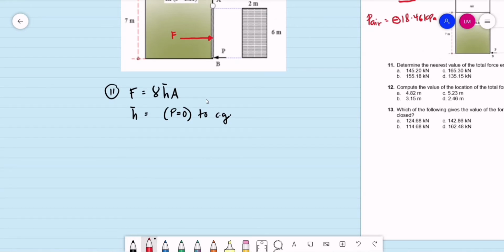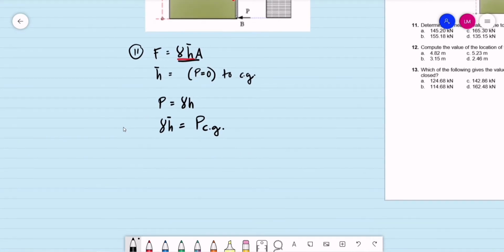Ano ba yung ibig sabihin ng gamma bar H? Basically, how do we compute for pressure? So, ang pressure is gamma H. So, ang ibig sabihin lang ng gamma bar H is the pressure hanggang dun sa center of gravity. So ni-reword lang natin, ang gamma bar H is the pressure on the center of gravity.